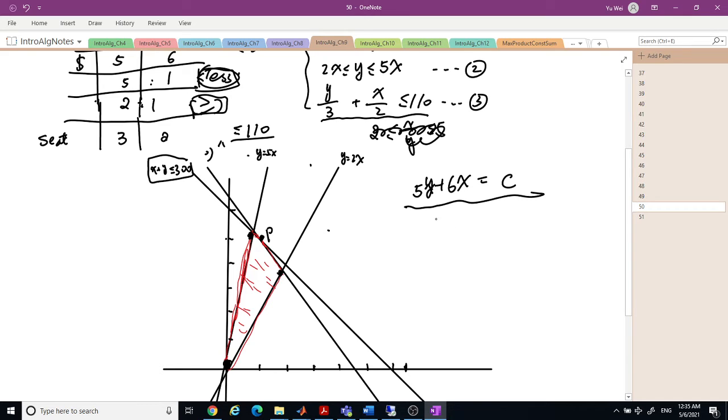So now let's see. We want to maximize this, equal to k.